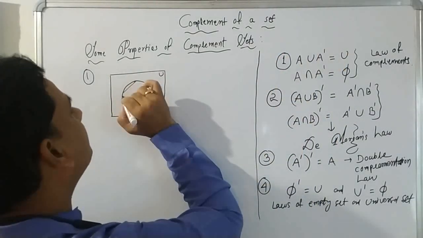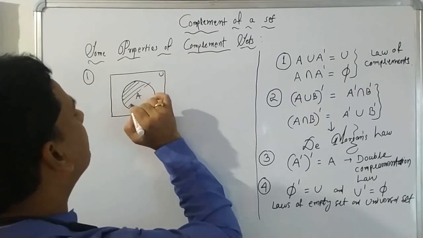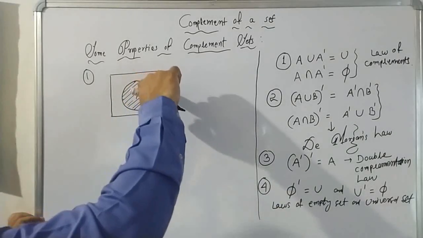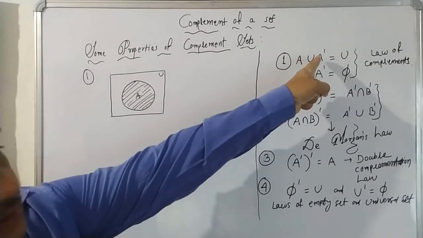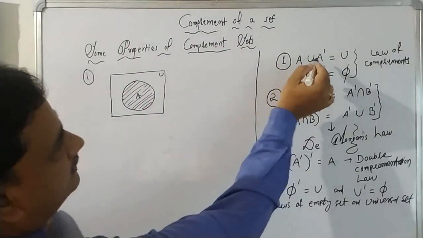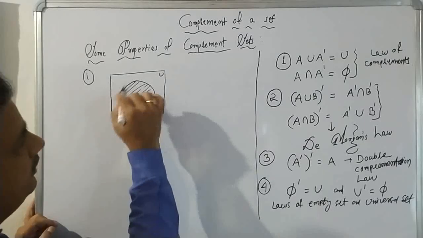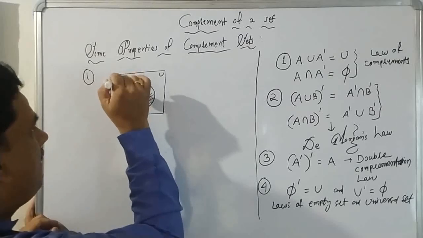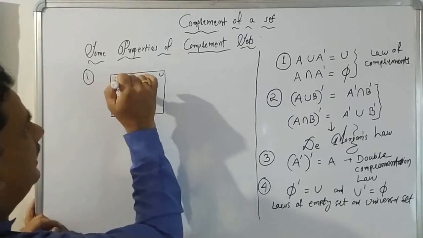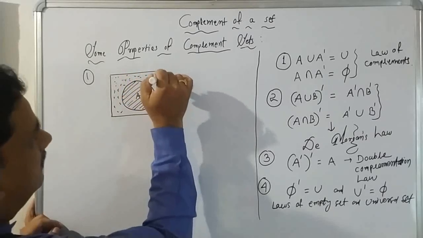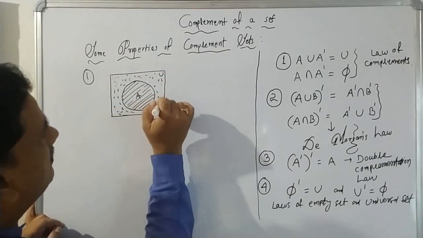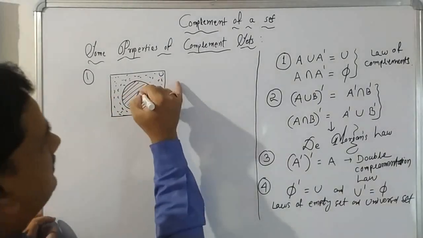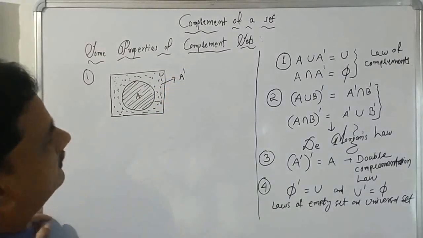This is A. Then A dash. A dash means the elements that don't belong to A. Let us give some different heading.